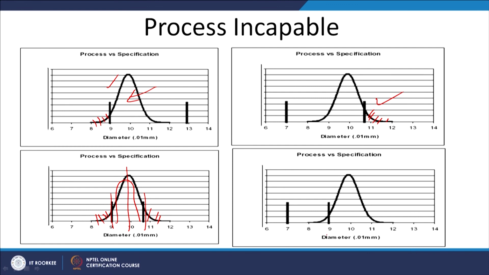And there is a fourth case where most of the things will be manufactured in the form of products having specifications beyond the upper specification limits. So, these are the different examples showing where the process can produce a number of things beyond the specification limits.